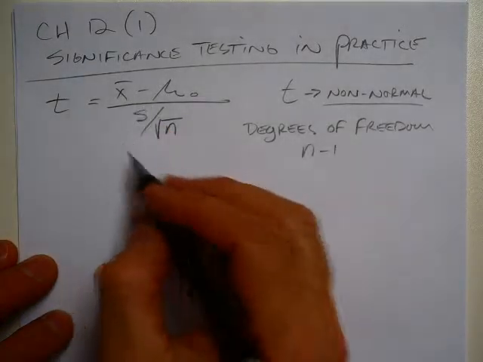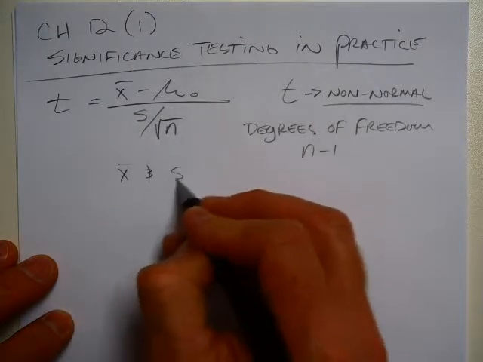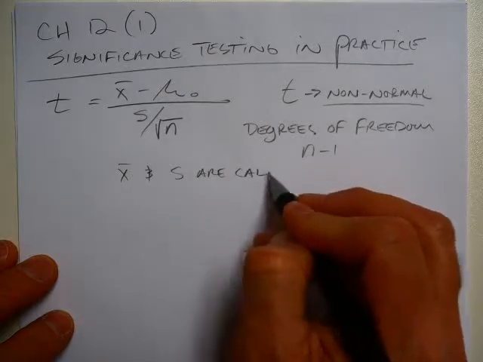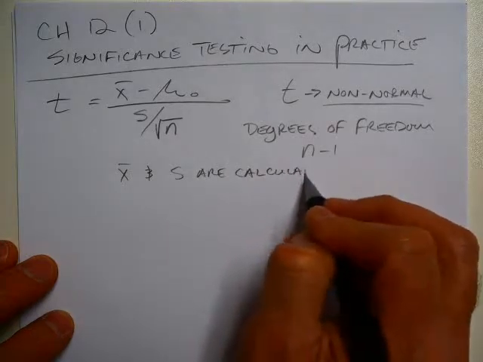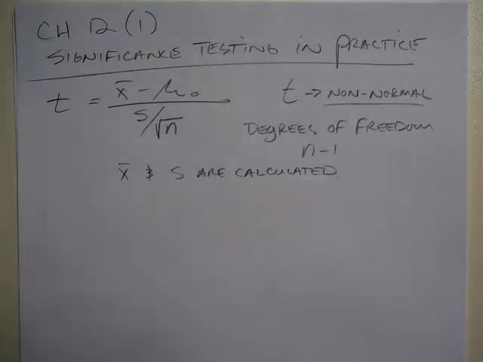And in this problem here, x bar and S are calculated. So you'll probably, in many cases, be making a list using 1-var stats to get x bar and S. You will see sigma x.